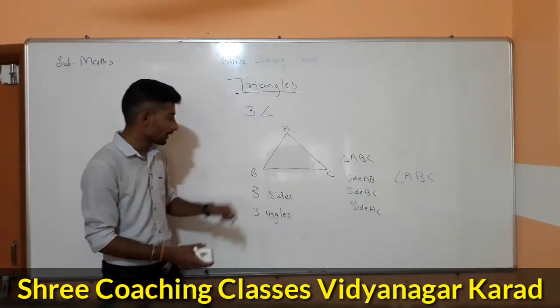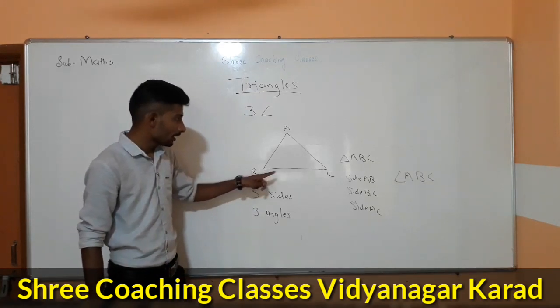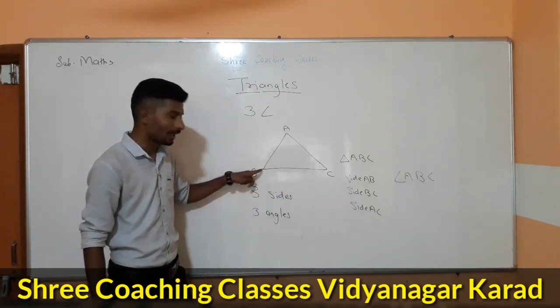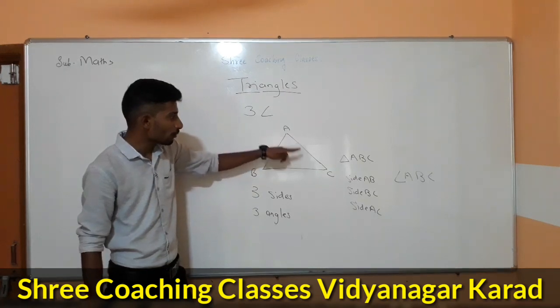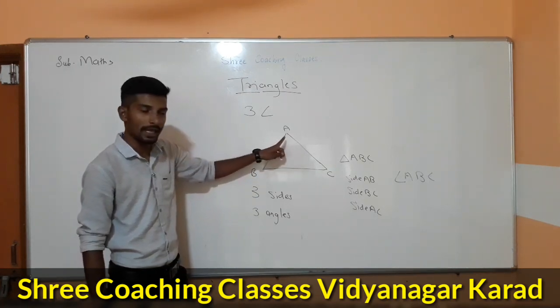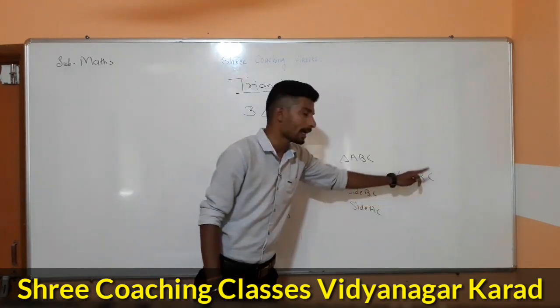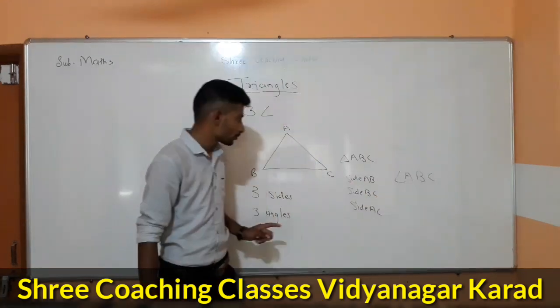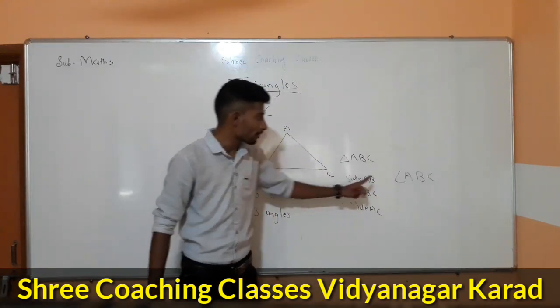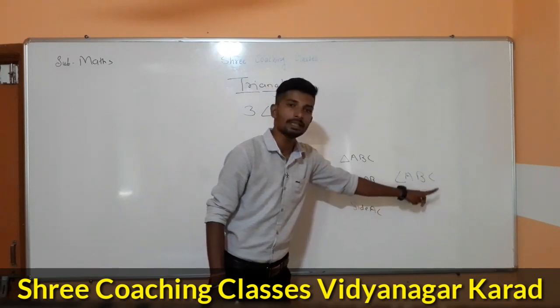First we will write the middle letter, the alphabet where the two lines join, and the two points at the two ends of that angle should be written on either side of that alphabet. So for this angle we have angle ABC.